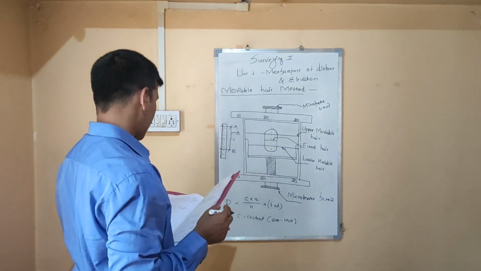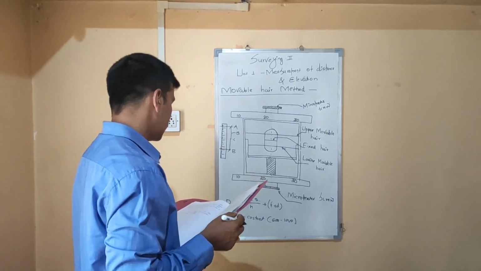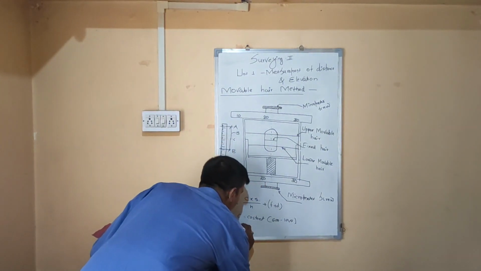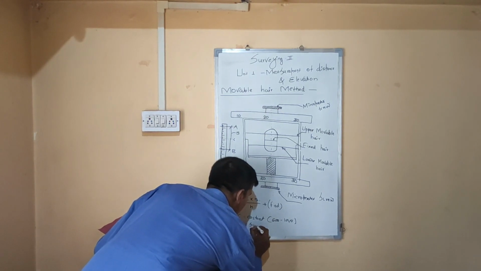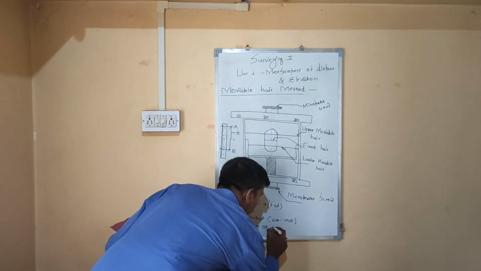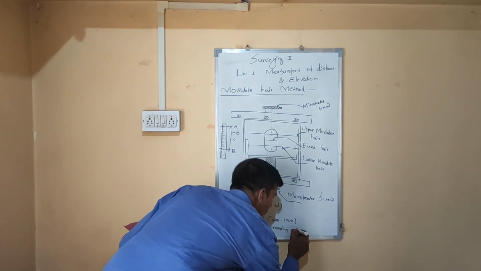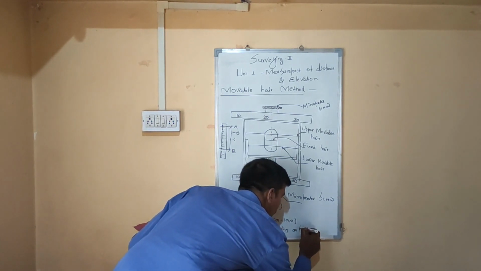N is the sum of readings on the micrometer.